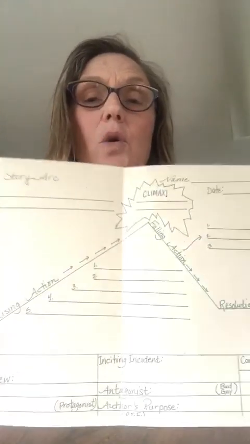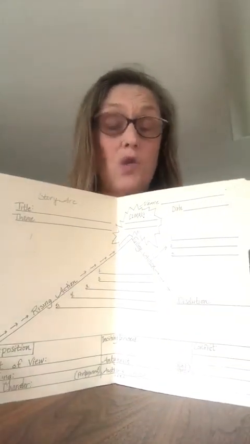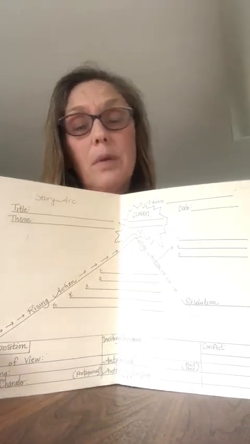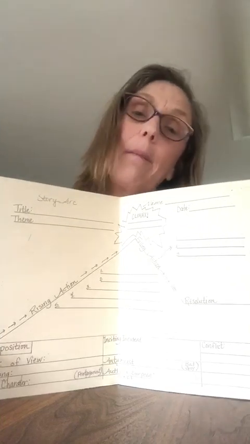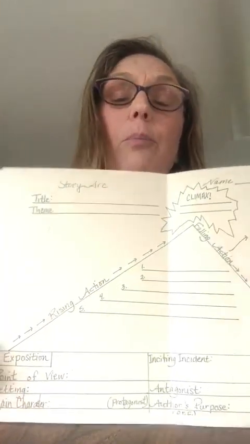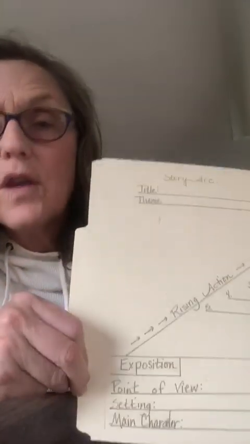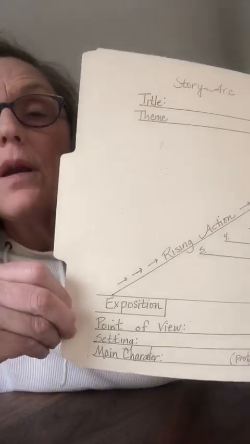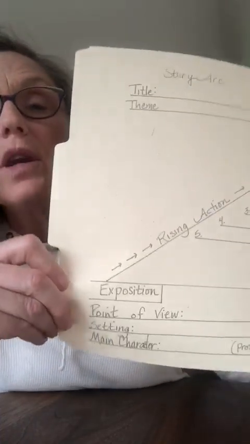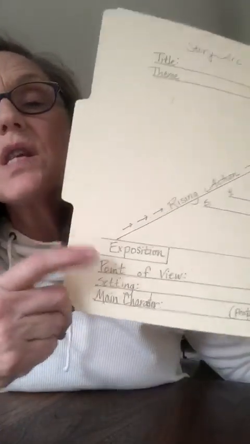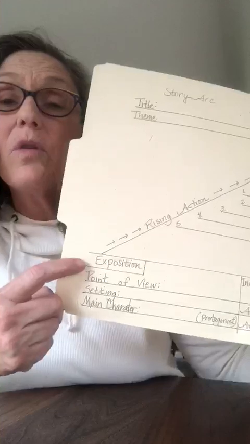So lots of you are familiar with this story arc, or maybe you call it a plot line or a story map, but everybody at this point should recognize that there are several parts that you already know about in a story when you're reading fiction that you need to be paying attention to. And one of the first things we touch base with is the exposition.